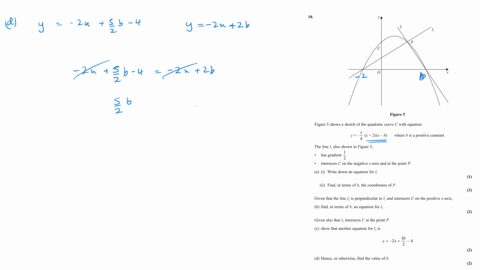So 5 over 2 b minus 4 equals 2b. So taking the 2b's to one side, 5 over 2 is 2.5b, isn't it? So that's going to give me a half b equals 4, b equals 8. And that's all there is to it. So, find the value of b. There we are. Okay, so job done.